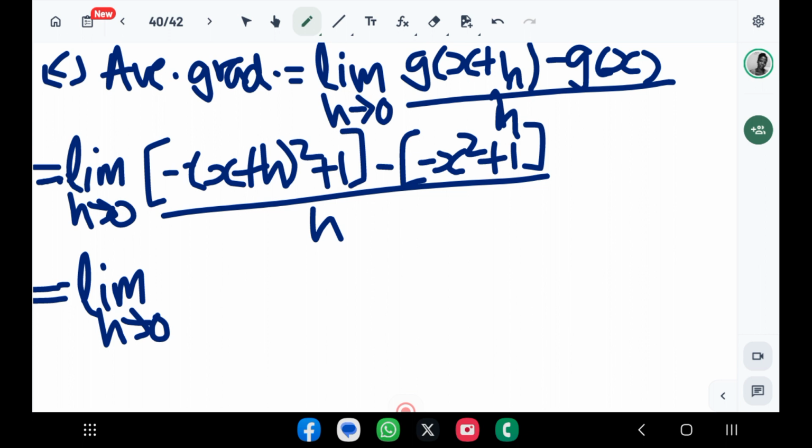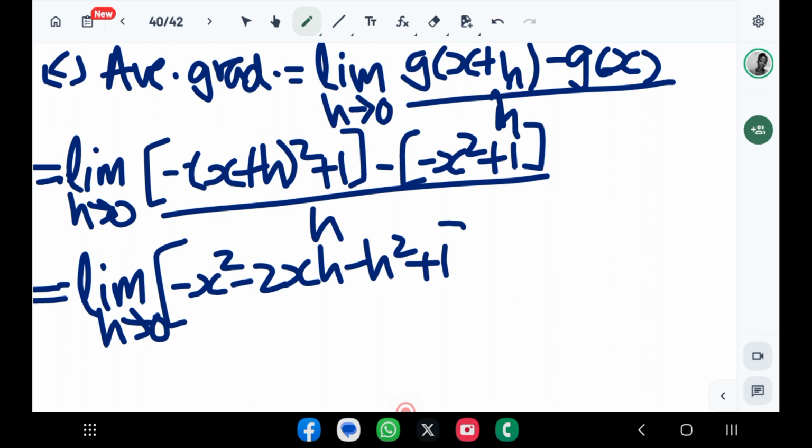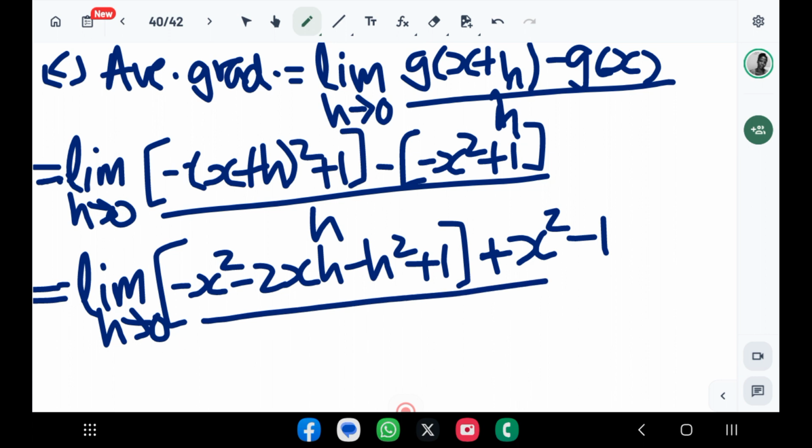Stay with me here. That's negative x squared minus 2xh minus h squared plus 1, plus x squared minus 1, all over h.